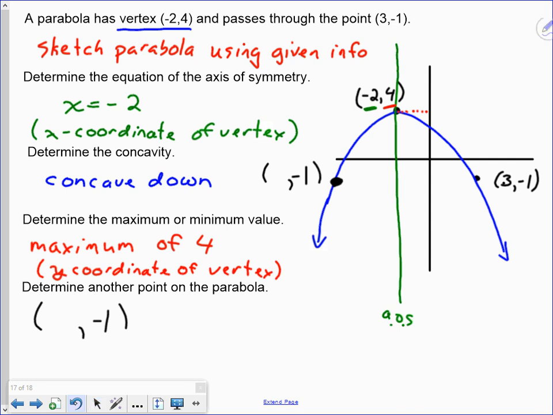And I can do that by looking at how far away my one point is from my axis of symmetry. My axis of symmetry is over here at negative 2. This is a distance of 5 from 3 down to negative 2, which means we have a distance of 5 on this side as well. So if our axis of symmetry is at negative 2 and we're going back another 5, this has to be negative 7. So our symmetric point there is (-7, -1).